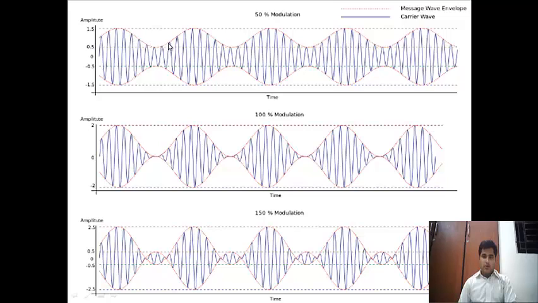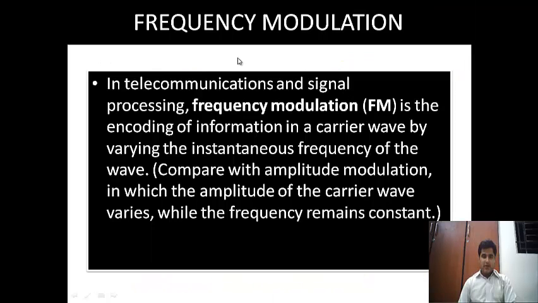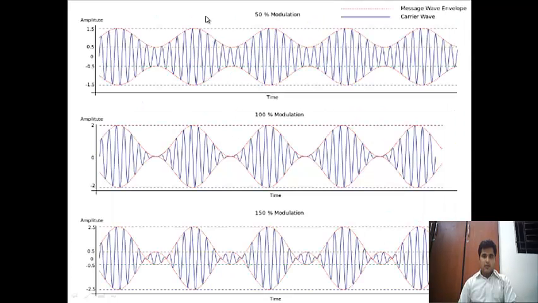The red dots are the representation of the message signal, and the blue line is the representation of the carrier wave. Here we take 50% modulation. We can see this lives from 0.5 to 1.5. Similarly in the negative direction, it lives from minus 0.5 to minus 1.5.